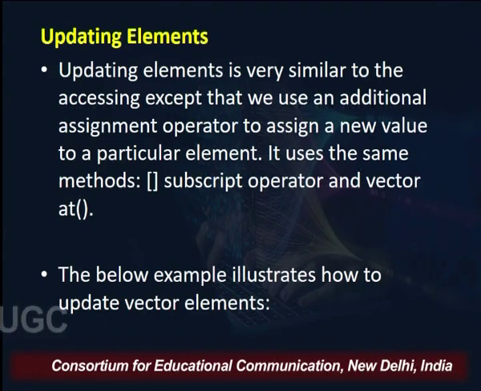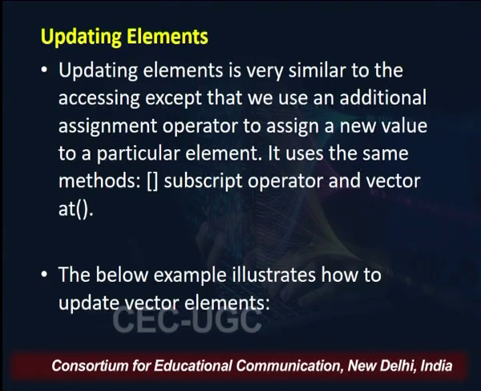Then one operation is accessing the element, another one which is very tightly knit or close is updating the elements. So, updating the elements is very similar to accessing, except we are going to use one additional assignment operator through which we assign a new value to the particular element which we are accessing.